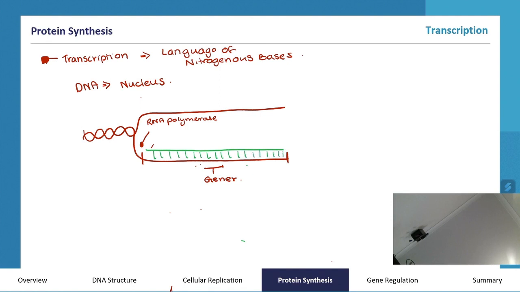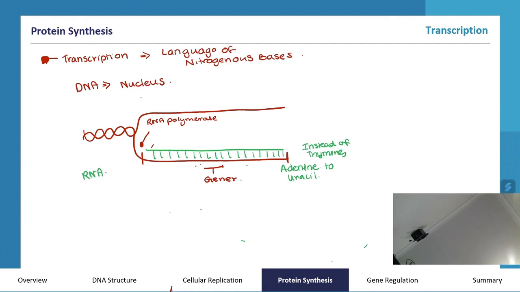However, the important thing to note here is that adenine from the original copy of DNA will bind to uracil in this strand. Now, this forms a single-stranded molecule, which is known as RNA, ribonucleic acid.